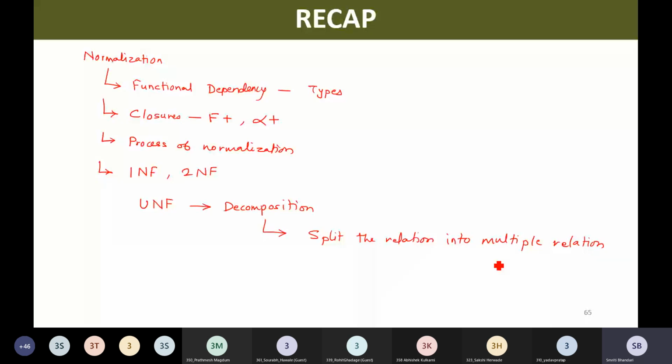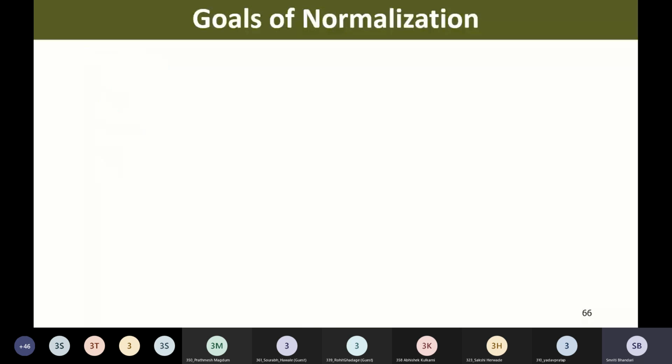But whenever we are decomposing a relation, we should be very careful, and we should have a proper decomposition of the relations. So today we are going to focus on this process of decomposition. Let us once again look at the goals of normalization and summarize a few important concepts. First of all, we need to decide whether a particular relation R is in good form.